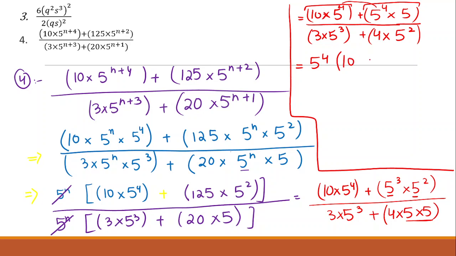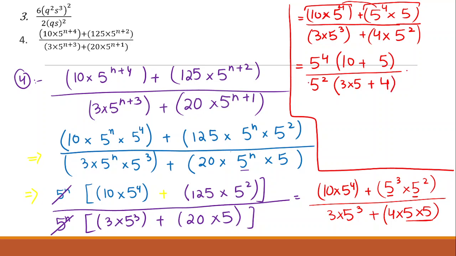So 10 multiplied by 1 is 10, okay, so plus 5 divided by 3. In the denominator you can also take 5 to the power square common, right? And you will be left with 3 multiplied by 5 plus 4, simple 4.